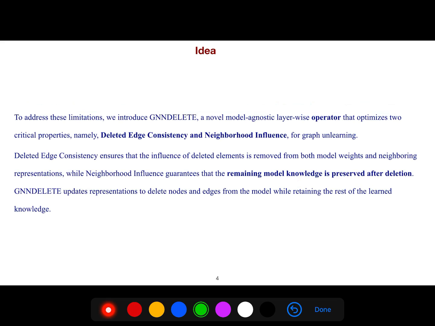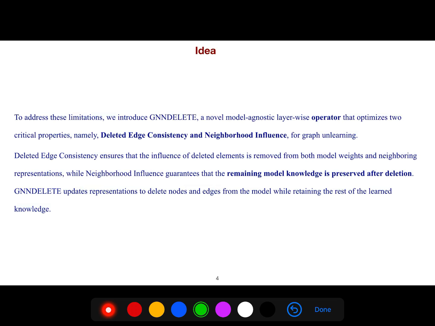To address these limitations, we introduced GNNDelete, a novel model-agnostic layer-wise operator that optimizes two critical properties, namely deleted edge consistency and neighborhood influence for graph unlearning.